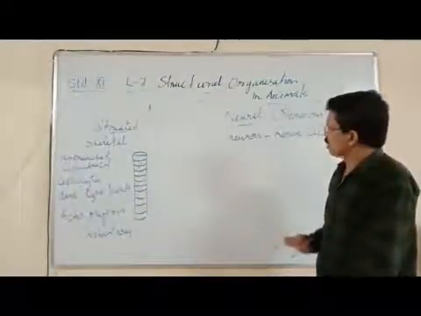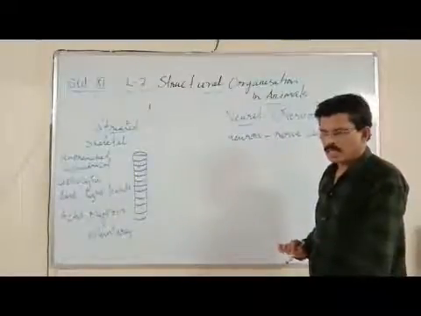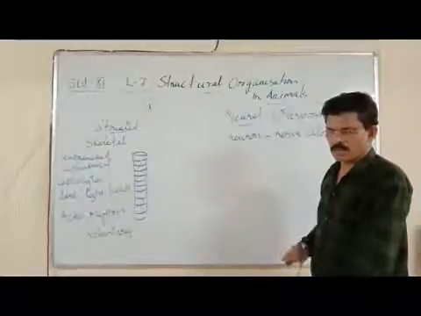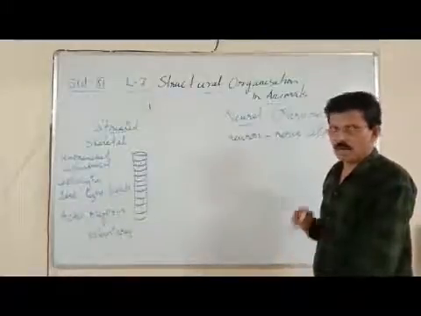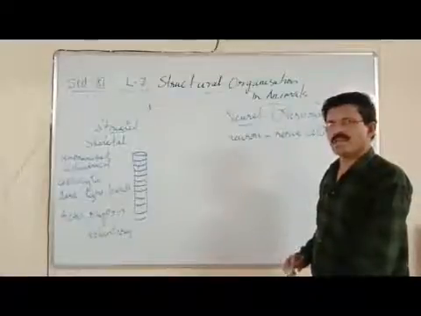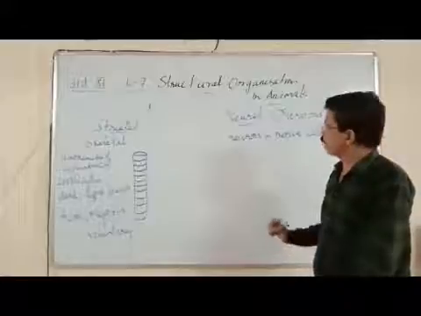There are millions and millions of neurons connected to each other, thereby connecting our different sense organs or receptor organs with our central nervous system, brain and spinal cord.